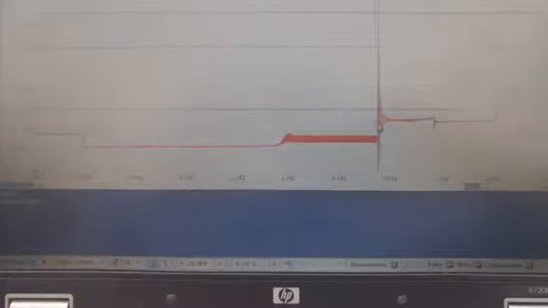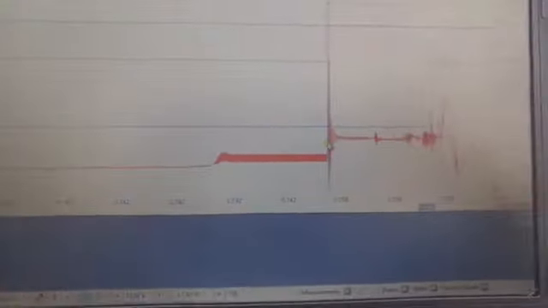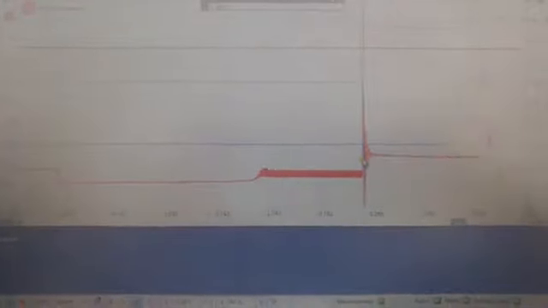So here the whole screen represents basically one firing event of the coil, from that left edge on the red trace all the way to the end of the wiggly stuff on the right edge of the red trace. That's the coil that we're looking at.